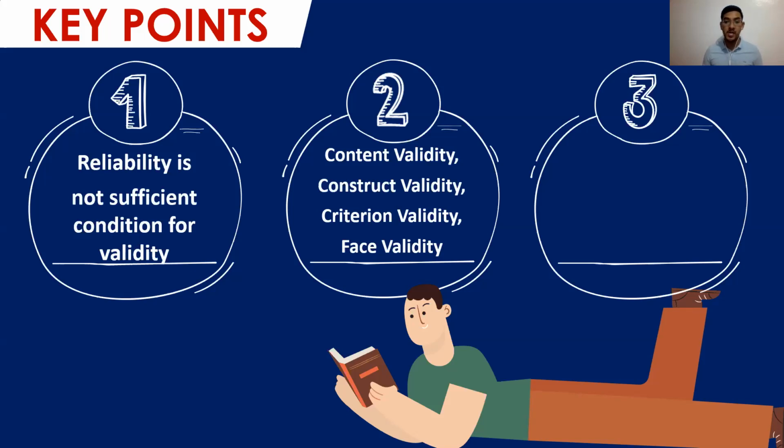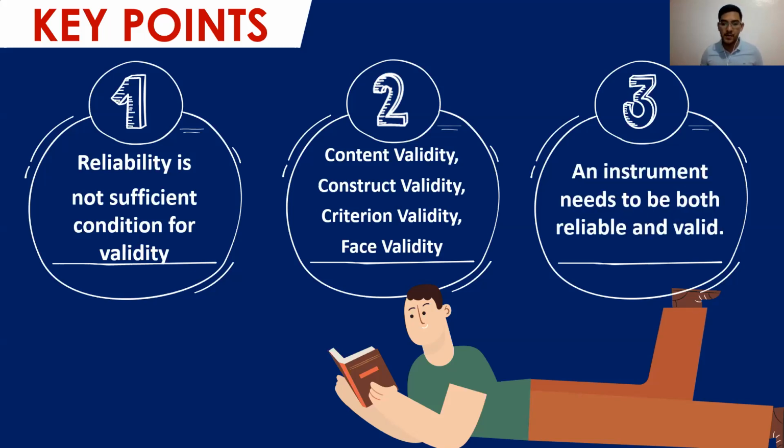Depende sa objective ng study mo. And the third one, an instrument needs to be both reliable and valid. All valid tests produce reliable data. So, kailangan ma-establish yung validity and reliability of your questionnaire.